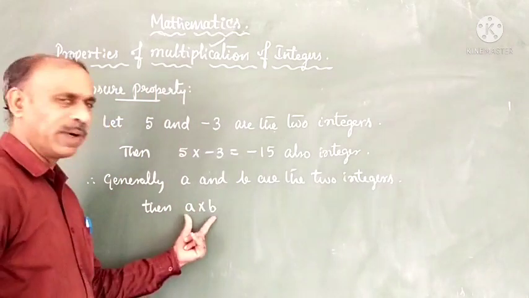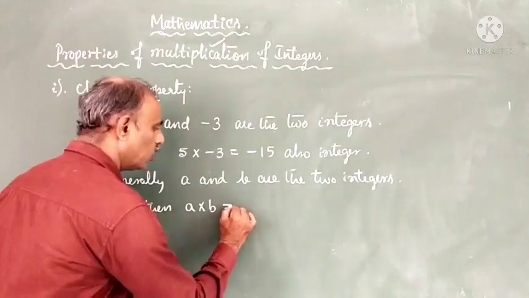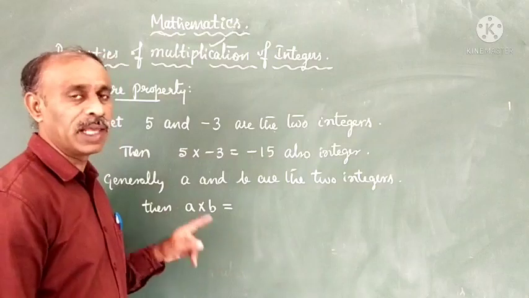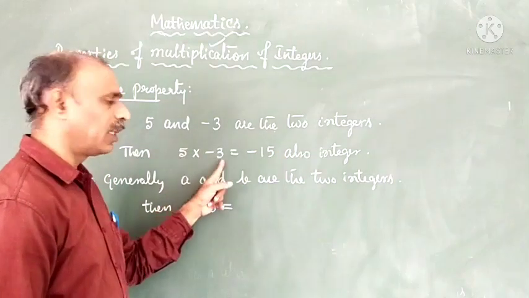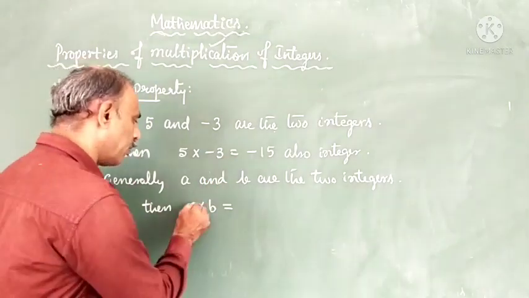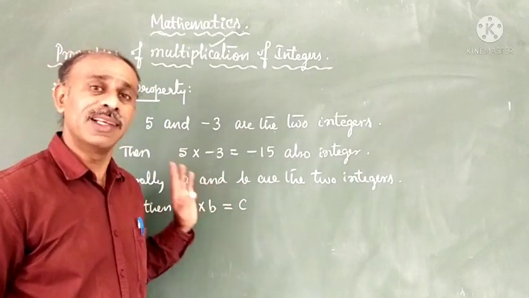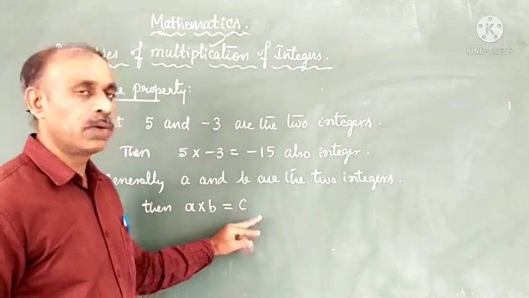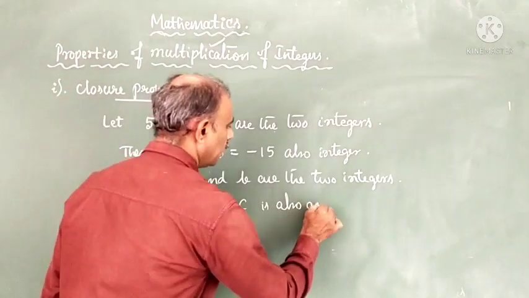We need to multiply the two numbers, A and B. When two integers are multiplied, one more new integer will come. Like 5 and 3 multiplied give a new number, in the same way when A and B are multiplied, you are going to get a new number called C. A into B equal to C is also an integer.